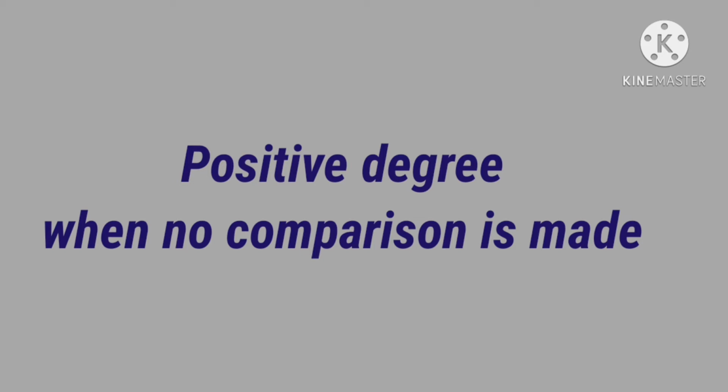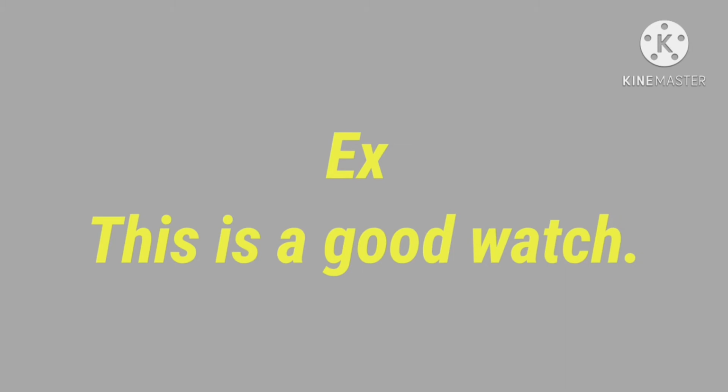If there is no comparison, we use the positive degree. Let's see some examples. This is a good watch. Here, watch is a noun. We are speaking about only one noun. We are not comparing the watch. So here we are using the positive degree. Good is a positive degree word.